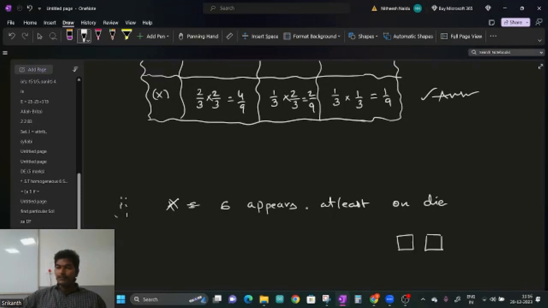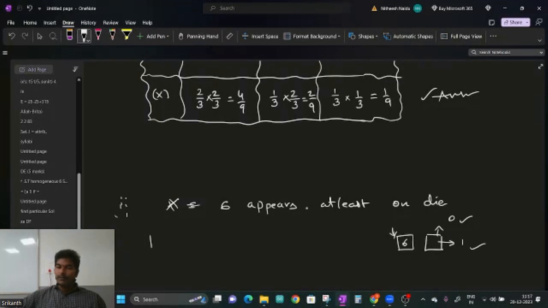These are two dice. It should show 6, and this will be the 0 case and the 1 case. That's what we are doing. At least one die will show 6. So what should be calculated for the other die? It is either not showing 6, or it is also showing 6. Understood? That's why we are doing X.